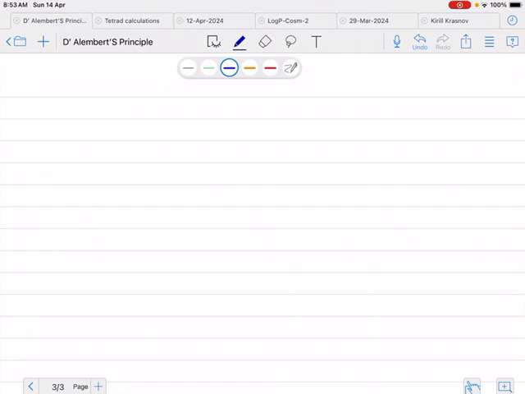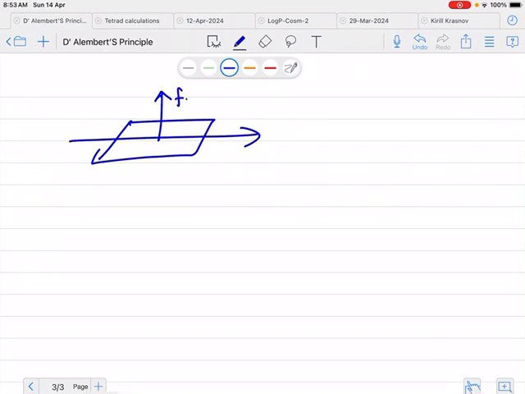So if a particle is constrained to move on a surface, the force of constraint is perpendicular to the surface, and the virtual displacement is tangent to the surface.